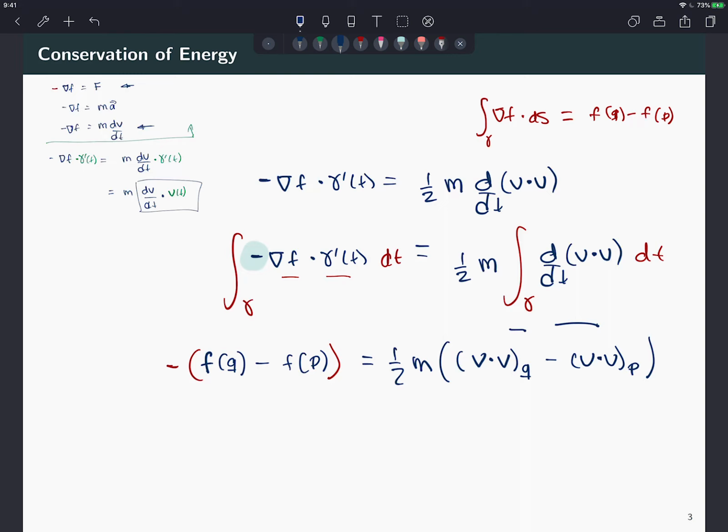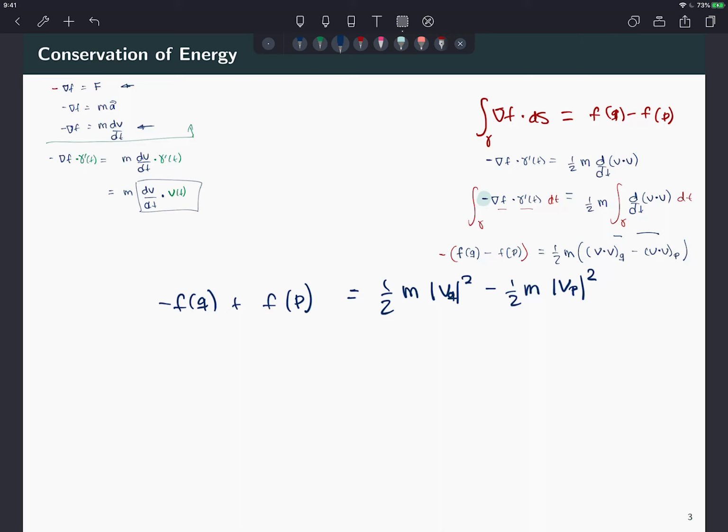So on the left side, this becomes f of q negative plus f of p, correct? I'm bringing that negative. Okay, so we have it all done. Let me now shrink this to have some space and bring this up here. So all that's left is to move things around.